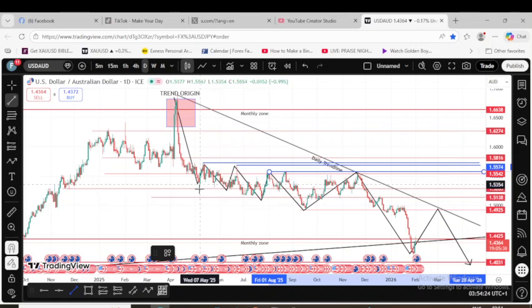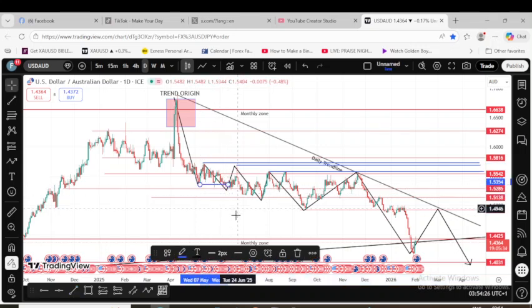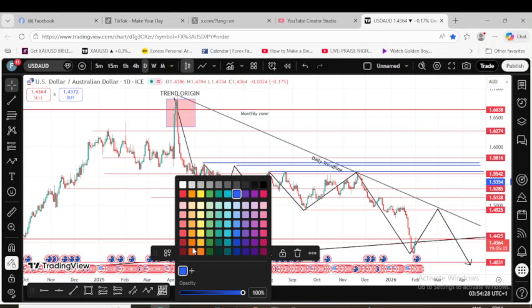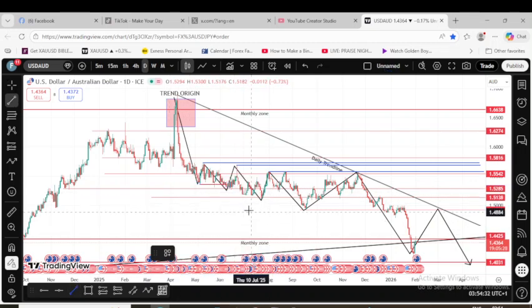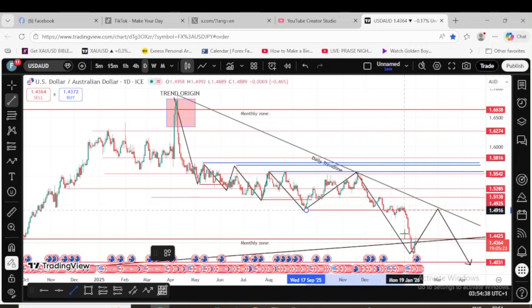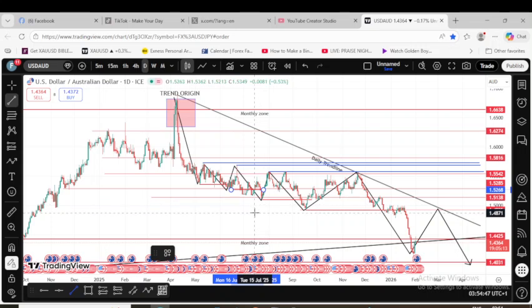Okay, so let's use red to identify our higher lows.